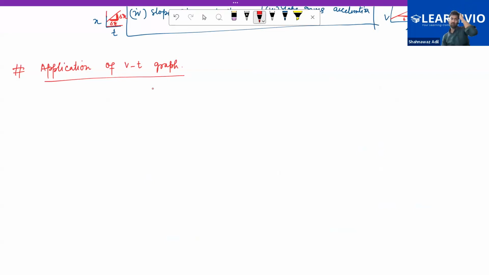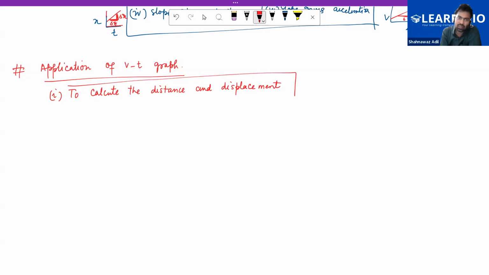The first part is to calculate the distance and displacement. This is the first application.